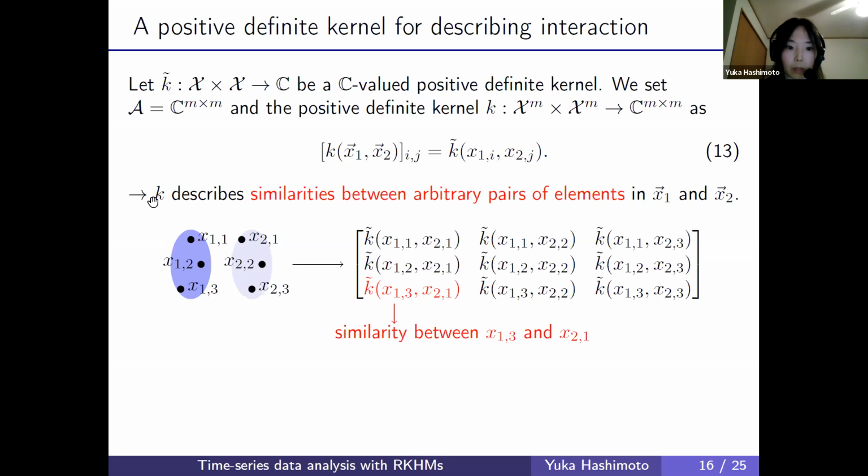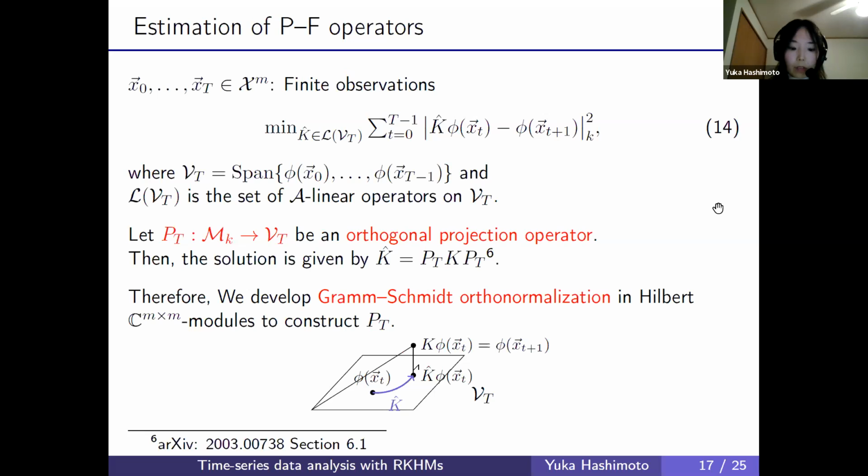So this matrix valued positive definite kernel describes similarities between arbitrary pairs of elements in vectors x1 and x2. By using this positive definite kernel, we consider estimating the Perron-Frobenius operators.